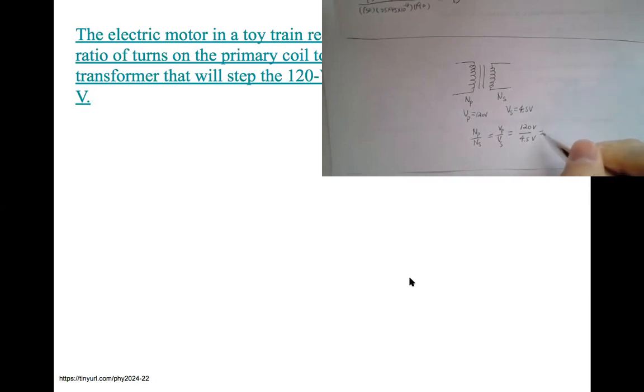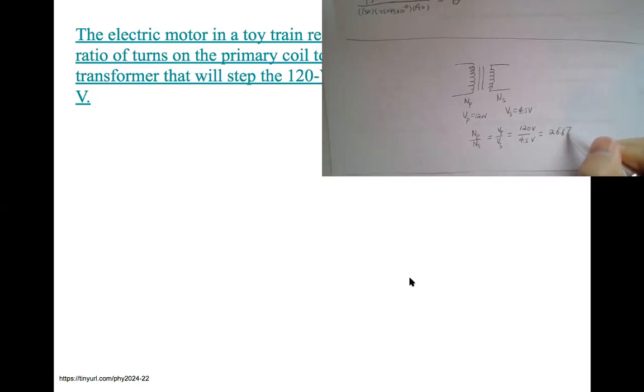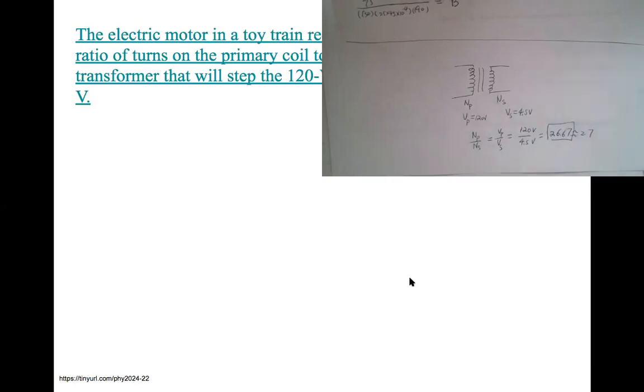That gives you the ratio of the turns of coils in the two. So this would be roughly 26.67 or roughly 27. So that would be the ratio of the primary and the secondary.